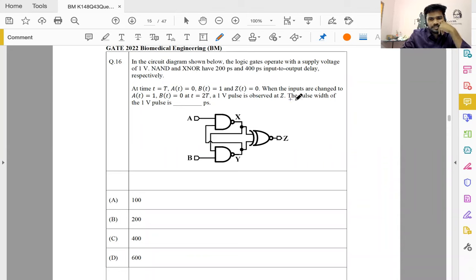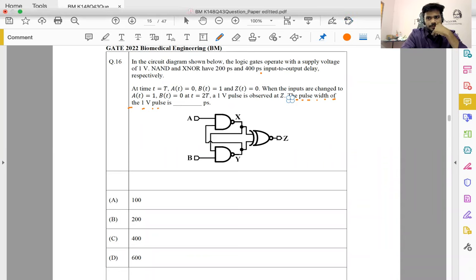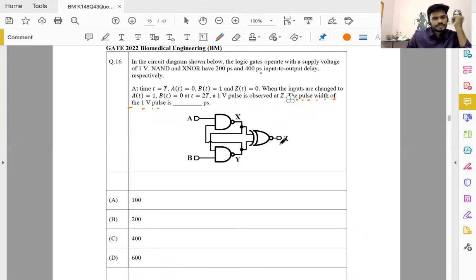When is a pulse 1 volt? Given propagation delays, input to output delays, of 200 picoseconds and 400 picoseconds. Did anyone manage to get this during the exam, or at least after the exam? The key says 200 picoseconds.